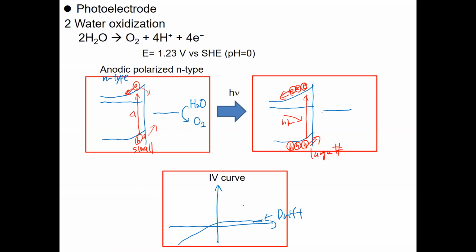So the drift current can be pushed up to a higher level by light. So this could be possible. So this is the basic concept of how to utilize the light for photocatalysis.